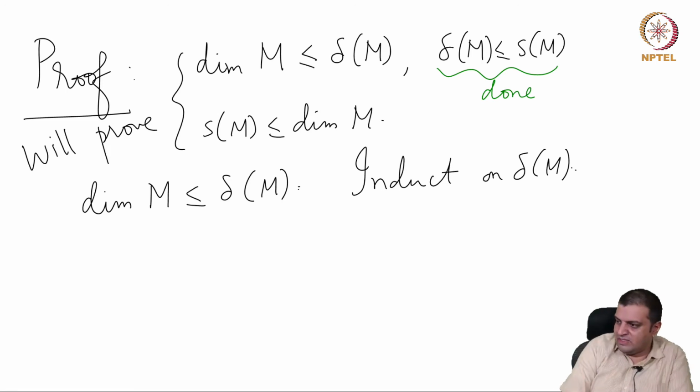Okay, what does that mean? When would delta of M be 0?